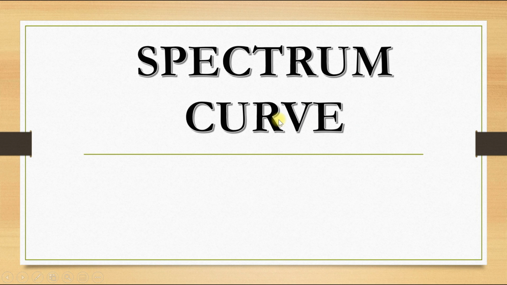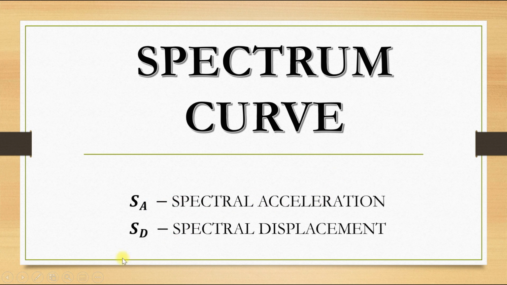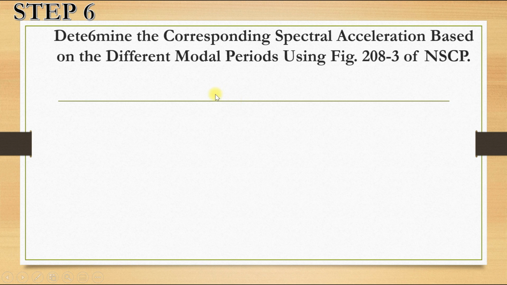Next, we have to calculate the spectrum curve. So here particularly we will be calculating the SA, which is the spectral acceleration, and the SD, which is the spectral displacement. So this is our step 6.